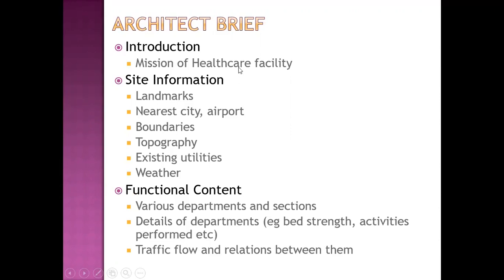Then architect brief include the write-up of architect brief include introduction, which include mission of healthcare facility, site information, that is landmarks, nearest city airport, boundaries, topography, existing utilities, weather information. Functional content include various departments and sections, details of departments, traffic flow and relation between various departments of hospital.